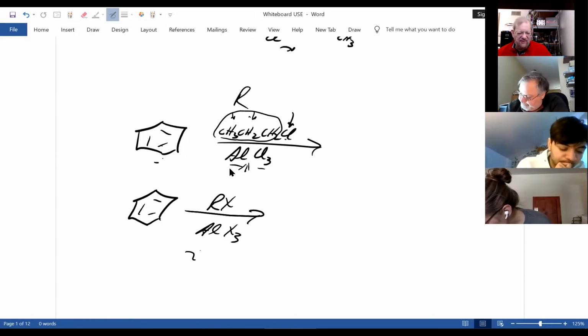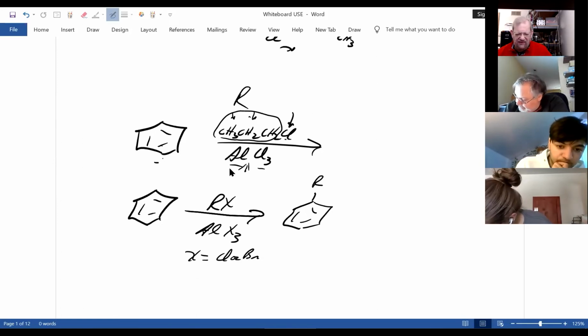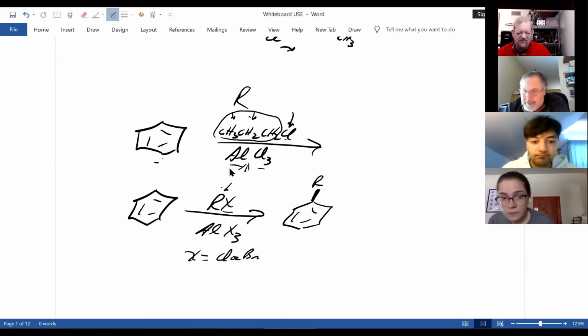Remember, X here can be chlorine or bromine. And what happens? I replace one of the hydrogens with my R group. The bond from the benzene ring to the R group will be to the carbon in R that has the halogen. In this case, the end carbon right here.